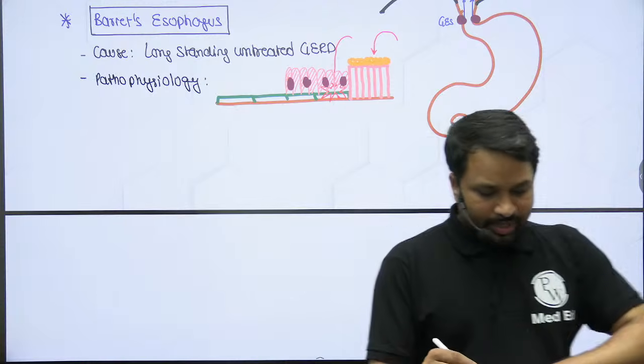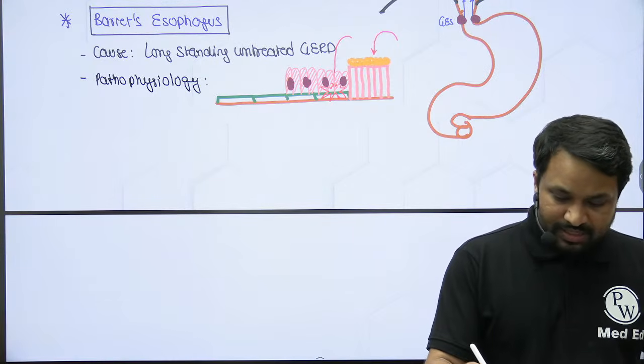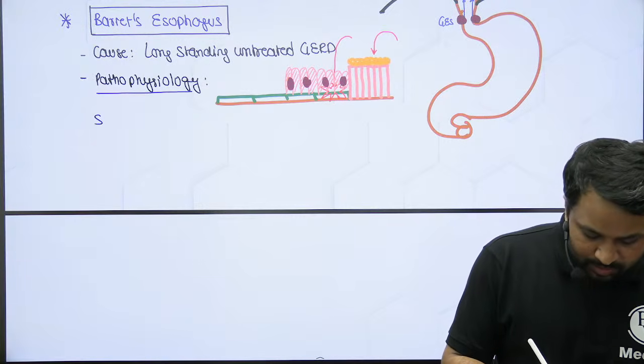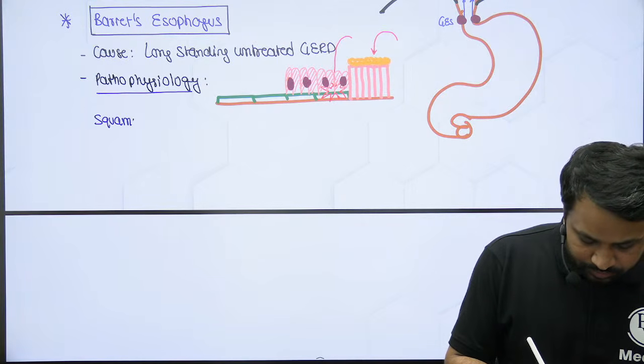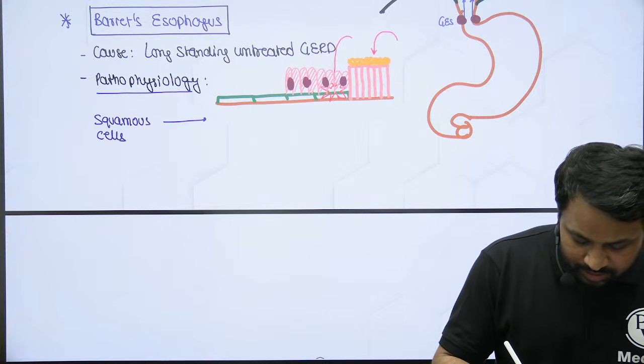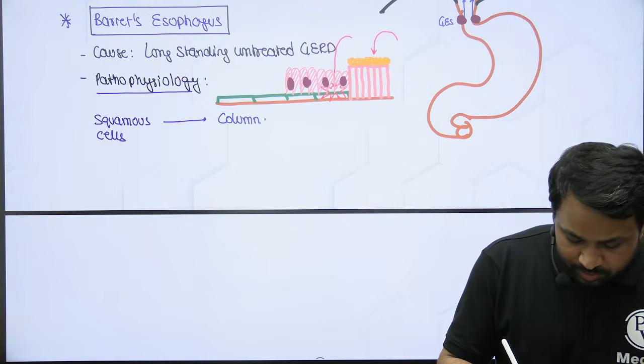Now what has happened is, in order to survive this entire battle, these squamous cells have now transformed into columnar epithelial cells. But along with columnar epithelial cells, they also have the presence of goblet cells.